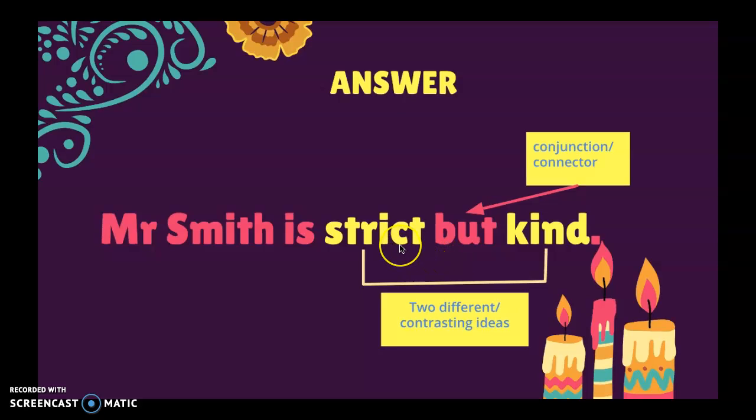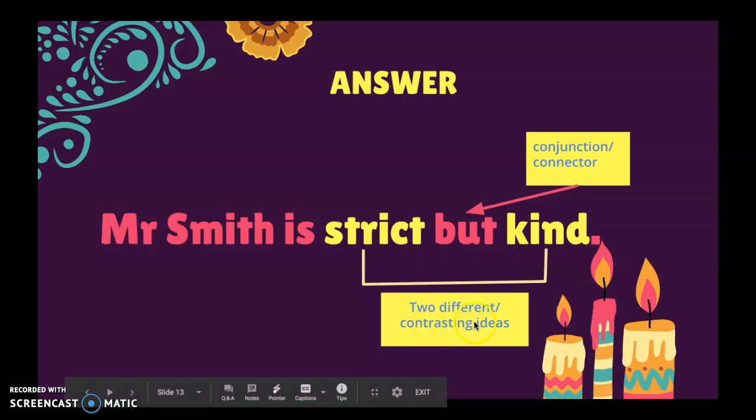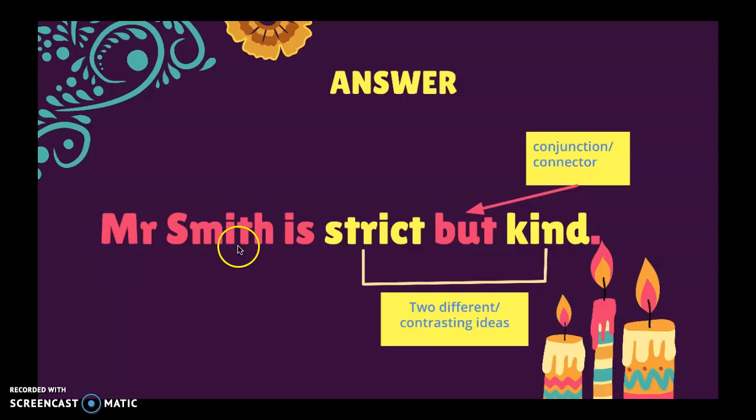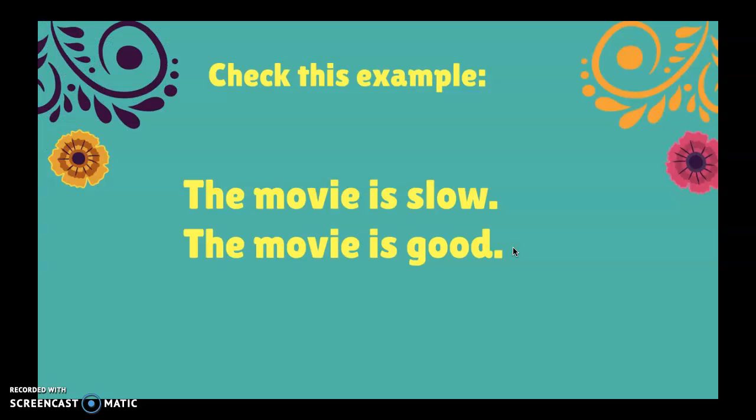So you see here, I highlighted in yellow the two different or contrasting ideas. And then we connect them with the use of "but". Okay, so Mr. Smith is strict but kind. So remember, next one. The movie is slow. The movie is good. Oh, we mean the same movie. Right? They are not different movies.